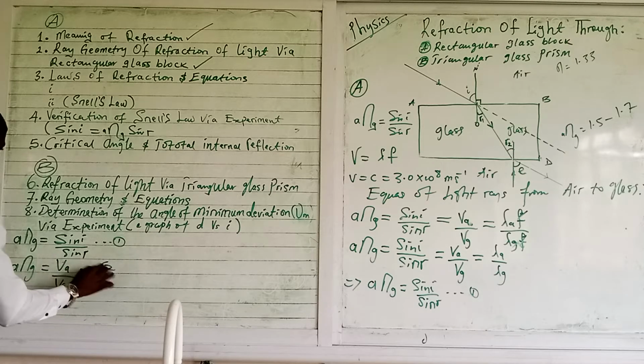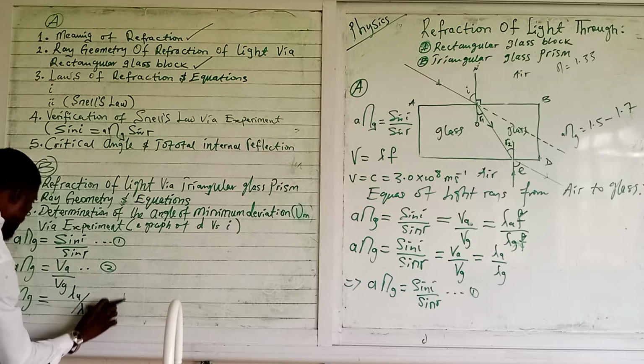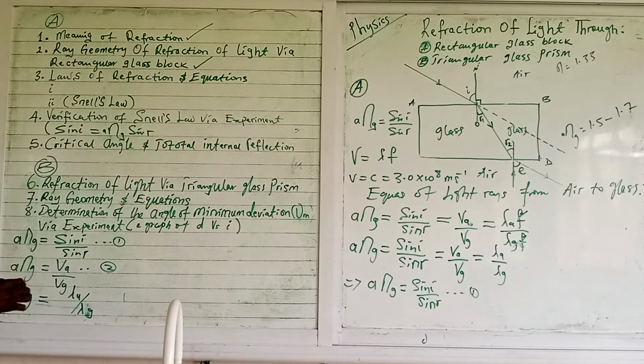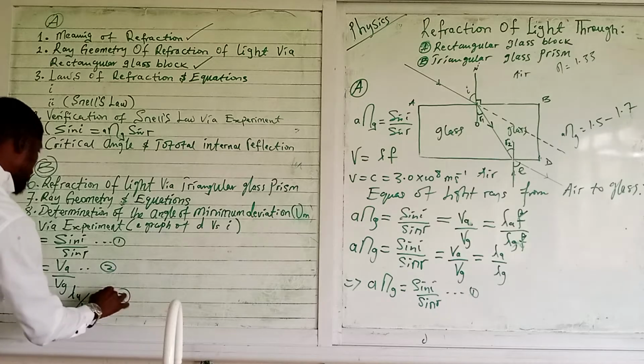We call it equation number 2. Also, air to glass is equal to lambda air over lambda glass. We call it equation number 3.